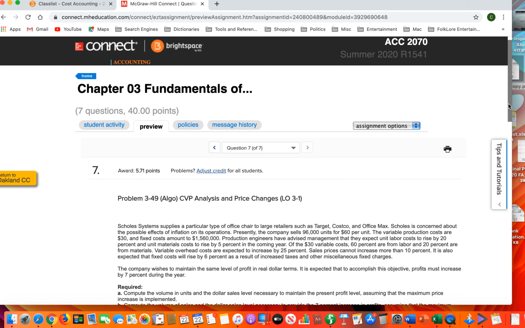We had to back into this. We had to do some critical thinking, some problem solving. If I tell you X and Y, you can figure out Z. If I tell you A and B, you can figure out C. So let's go back. If contribution margin is $2,973,600 and the contribution margin per unit is $30.60, then the number of units must be 97,177.